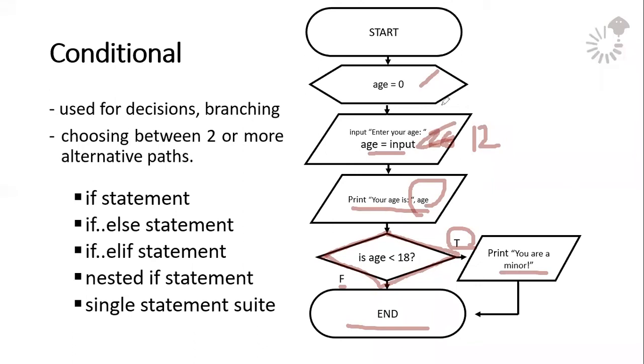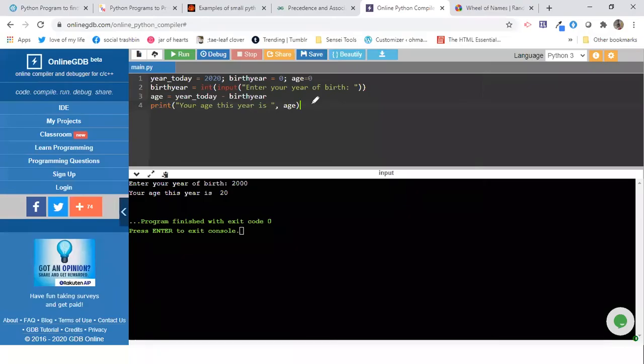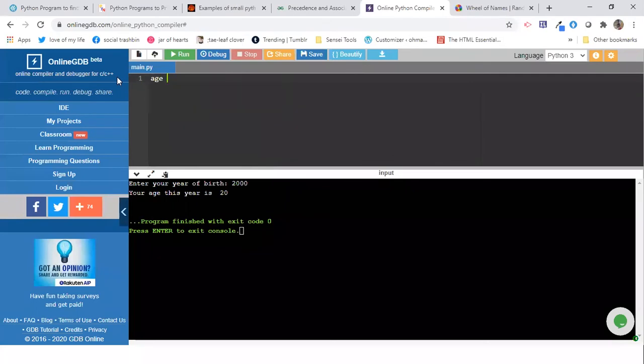So let's convert this flowchart into a program. So we have age, initial value is 0. Input, enter your age.